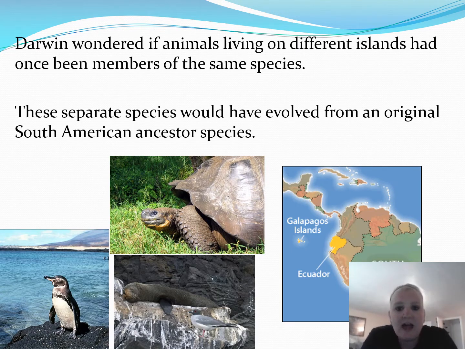So, knowing that all of those tortoises, if you break it down, they are in fact just all tortoises, even though they look different, they live in different places, they eat different food, they might have somewhat different behaviors. But his idea was, well, maybe they were all once related because after all, they are just all tortoises.